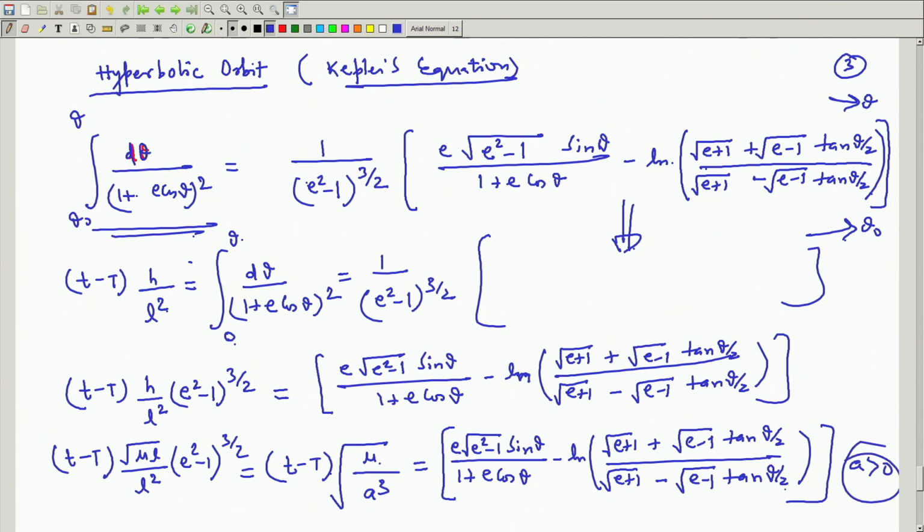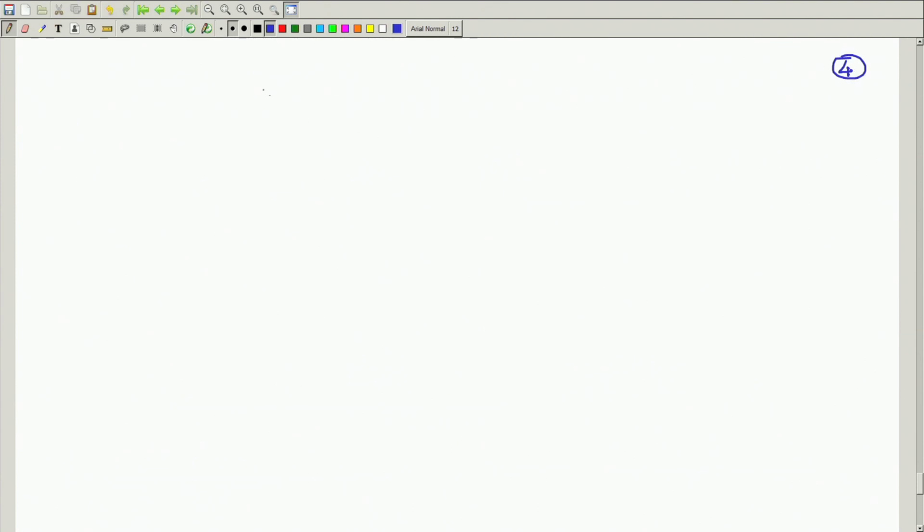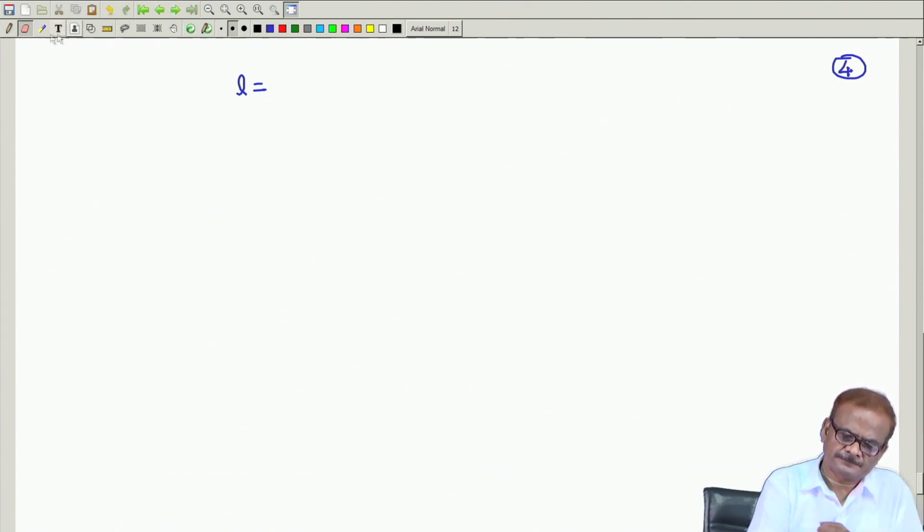So, this quantity a is greater than 0. Here we have used the information L equal to a times E square minus 1.